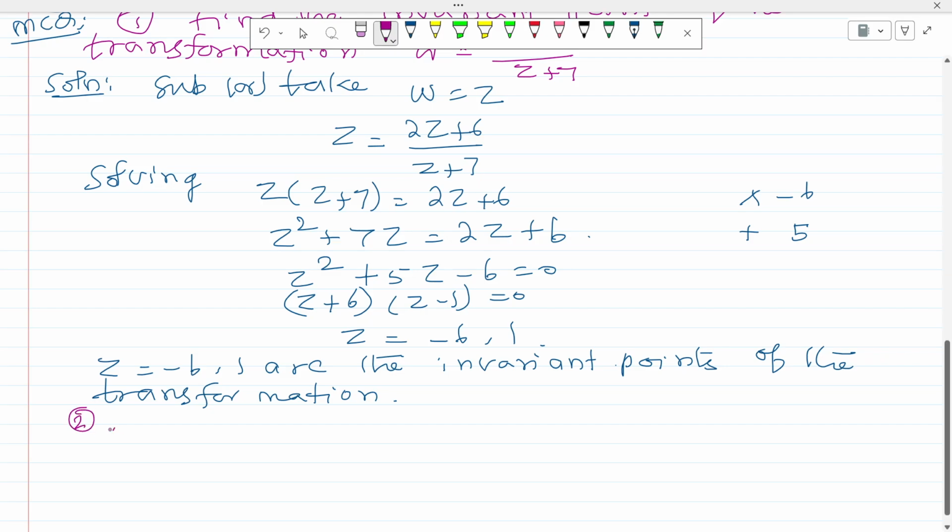Second question. Find the invariant points. Sometimes the question may be given as find the fixed points or find the invariant points.